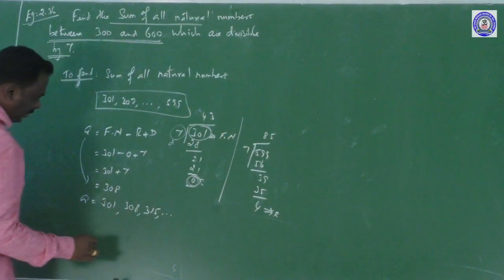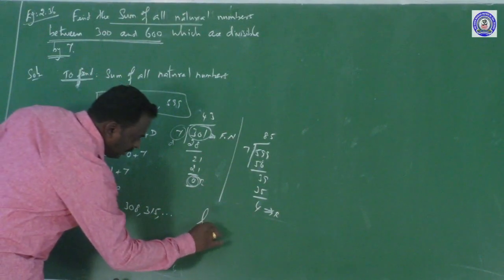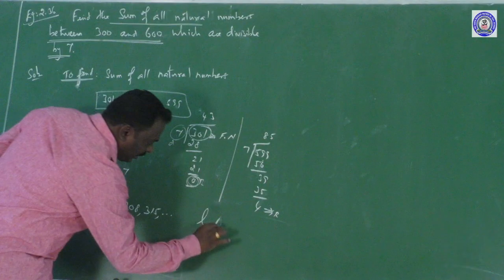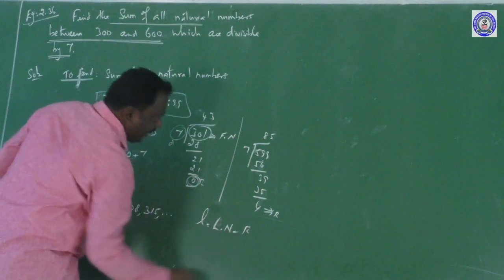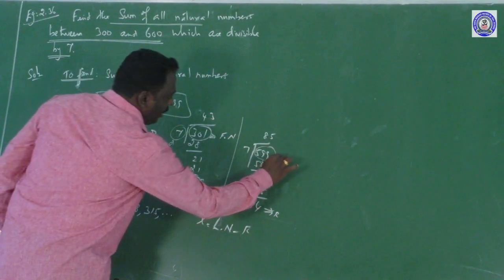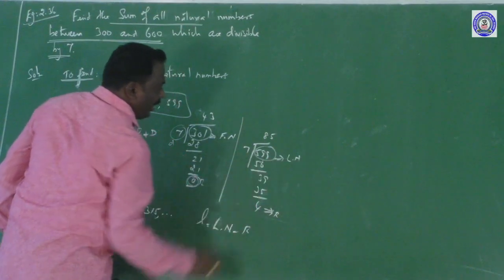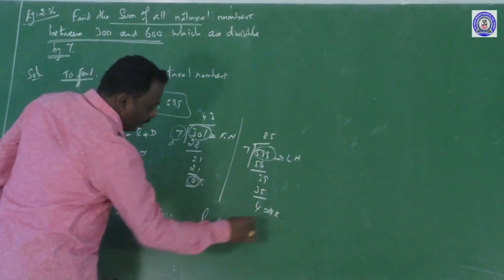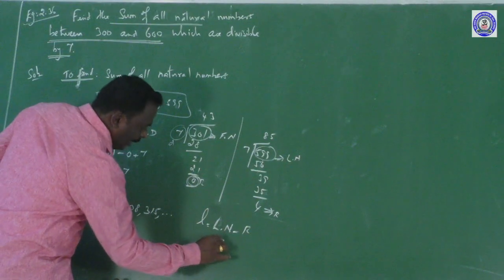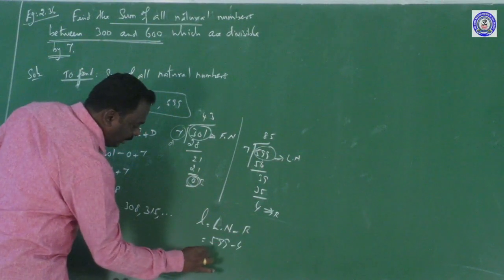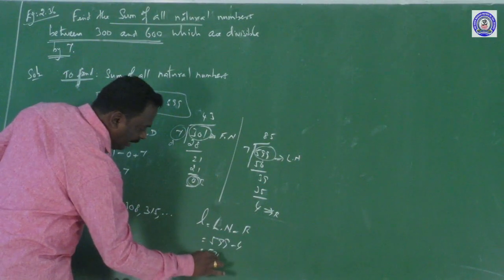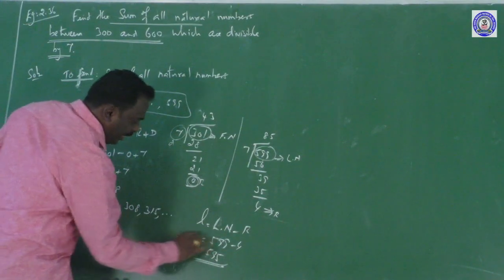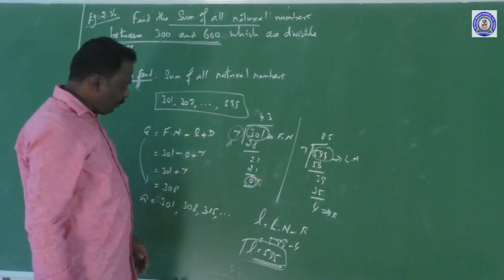Now find the last number: last number equals 599 minus the remainder. The last number is 599, the remainder is 4, so 599 minus 4 is 595. That is the last number.